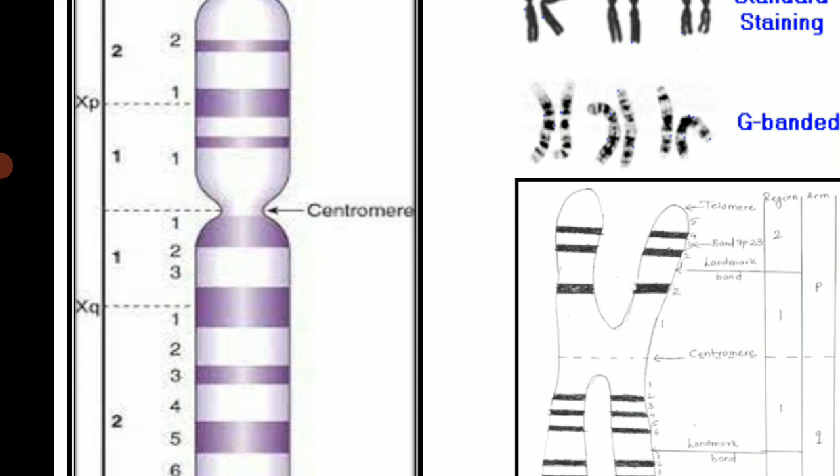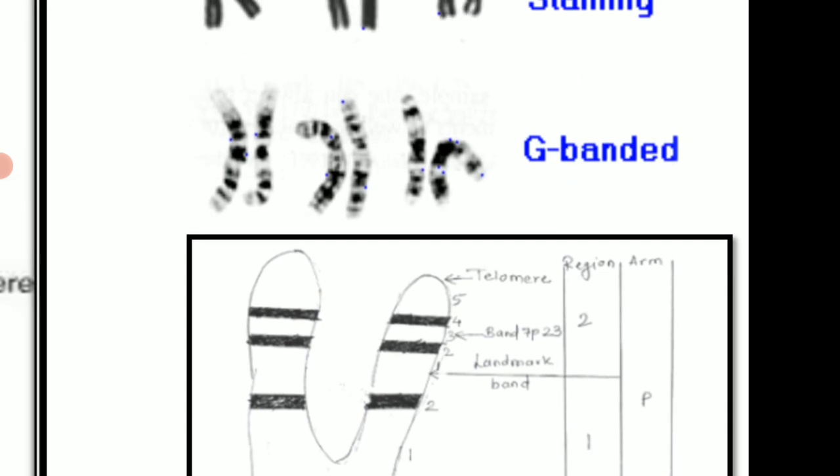Okay, here also you can see the one. So you can denote it as P11, or in that also some subsections are there which I have not shown here. So this is the landmark band, जो तुम्हाला डल दिसतो तो landmark band आहे, and this is the dark band. Okay, this is telomere, this is centromere.